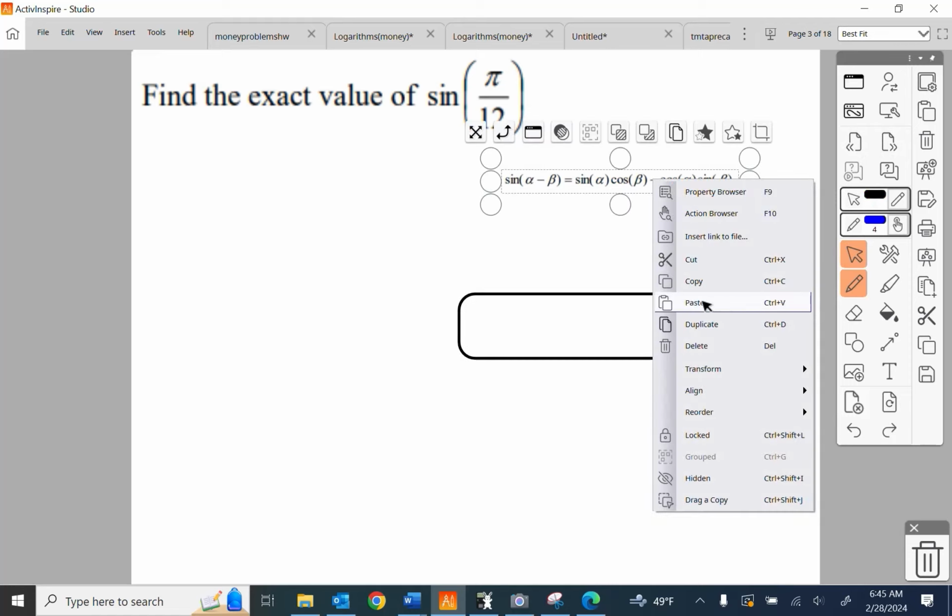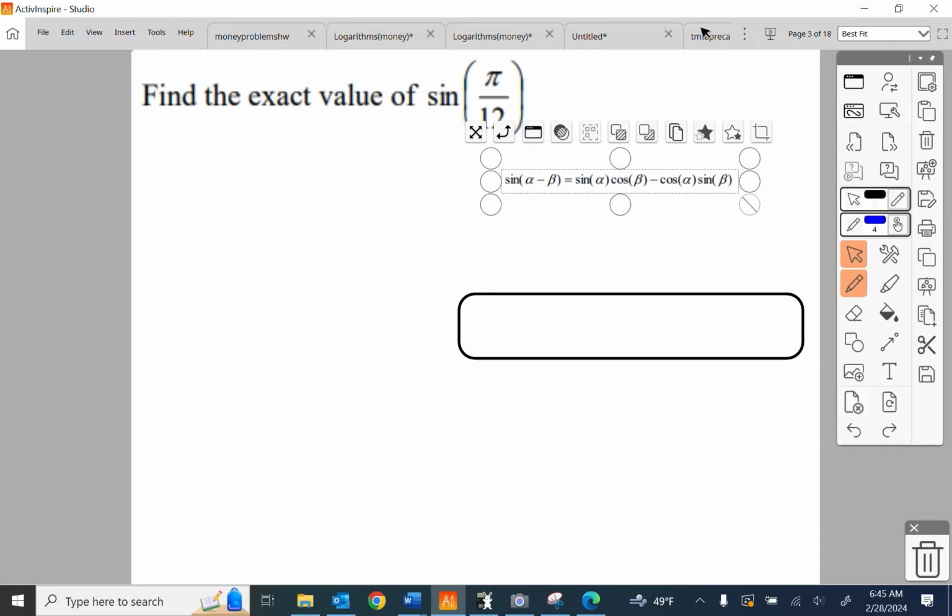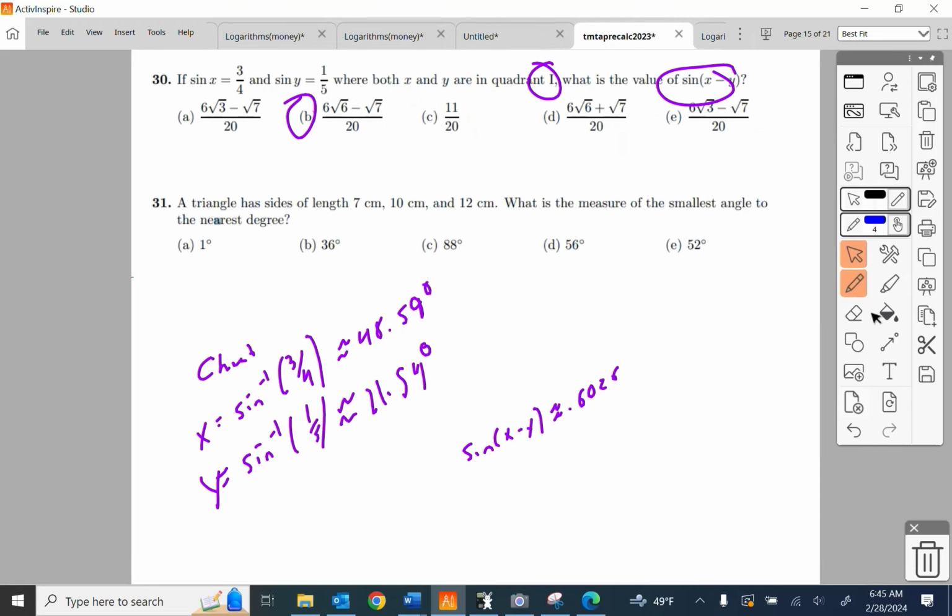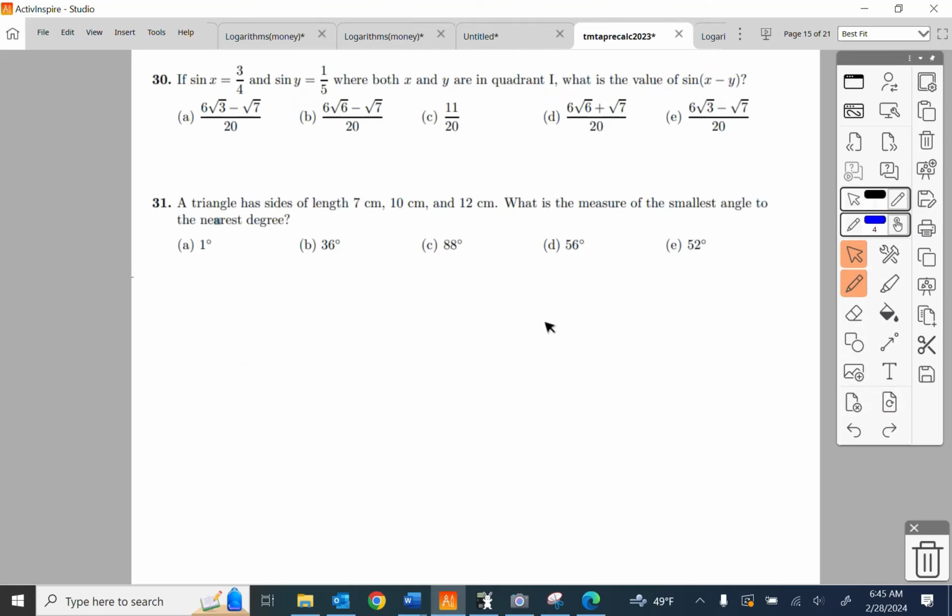I want that little guy right there. So here's your actual formula. That's what we're doing right now. So I may as well do it the proper way. And it's legit plug in.